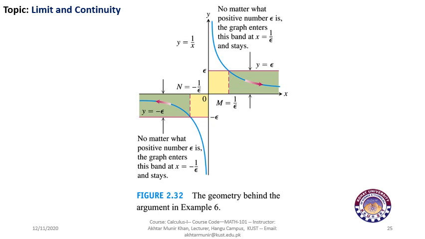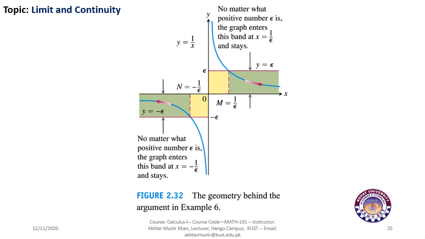That is, suppose we have selected an epsilon, then corresponding to this epsilon, we can find a number M, here equal to 1 over epsilon, such that for all values larger than this M, the function value will lie below y equals epsilon. That is, it will remain in the box for all values of x strictly greater than this M.